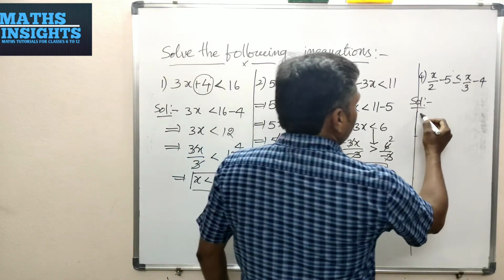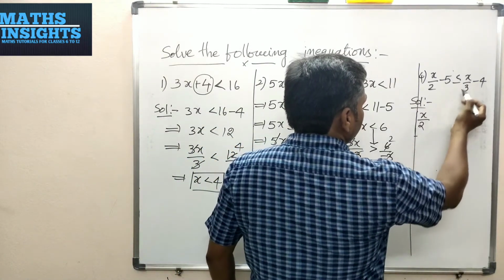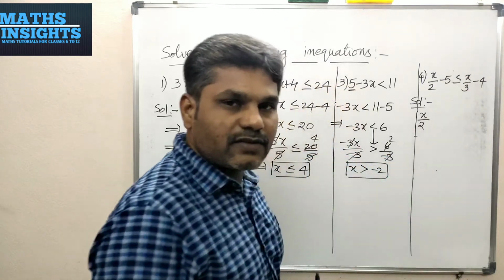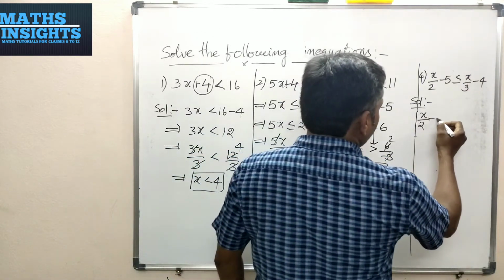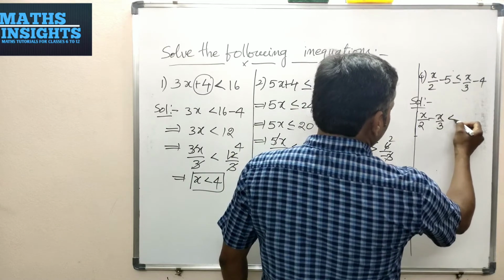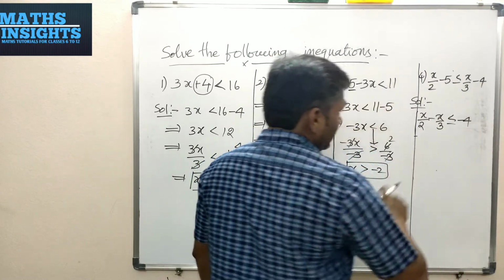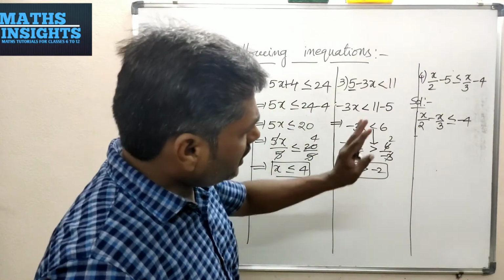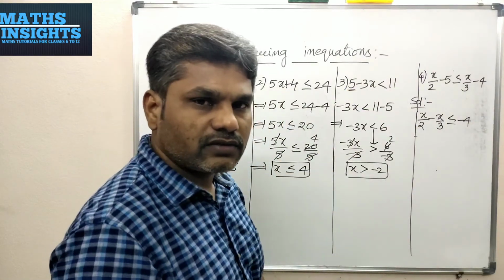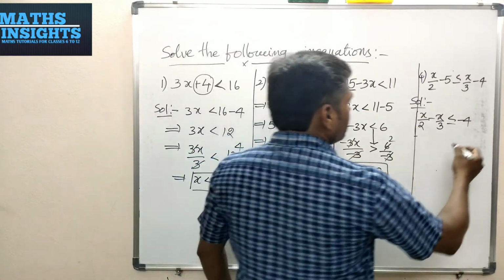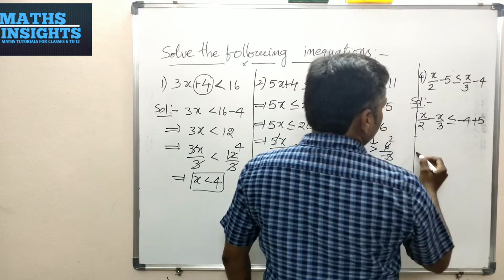See, I am keeping x by 2 as it is. This plus x by 3 will become minus x by 3 less than or equal to minus 4 on the other side, and I will transfer minus 5. Then it will become plus 5 as per rule number 2.